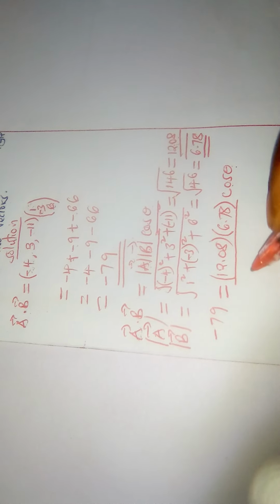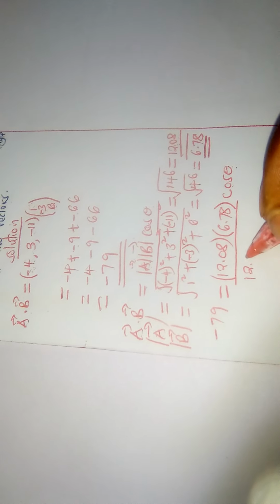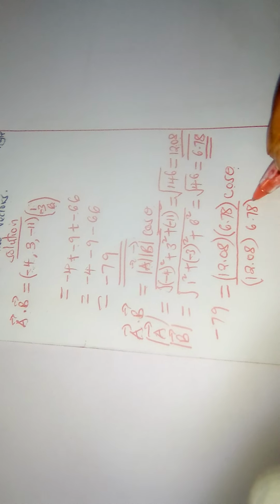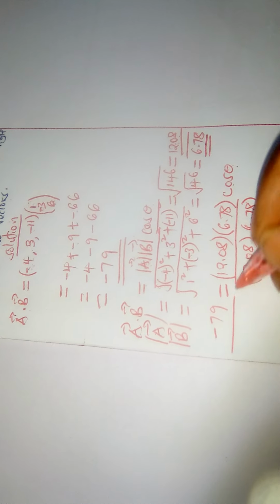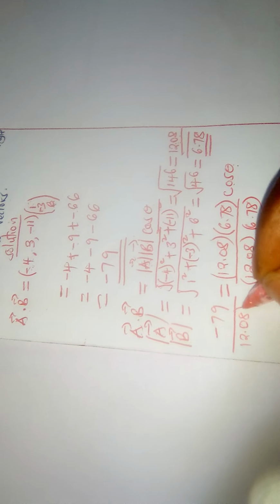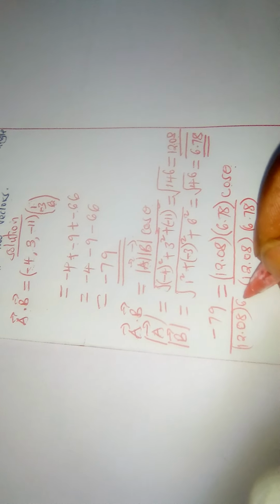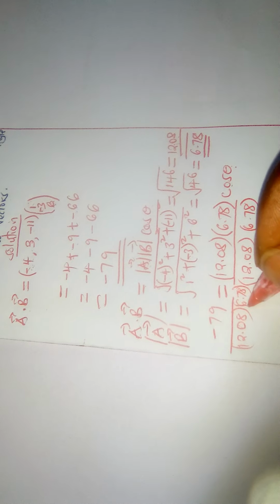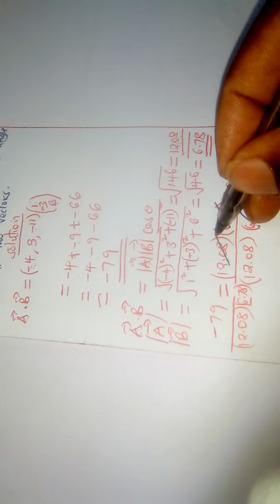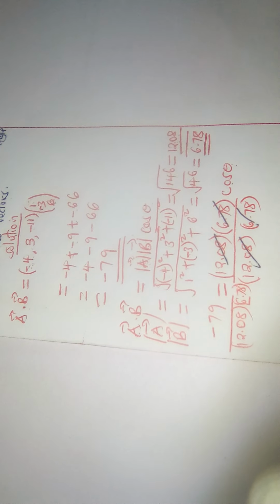So when I do this, I'll take 12.08 times 6.78 on this side, and on the other side I also do the same, 12.08 times 6.78. Now when you cancel, this one goes, and you will remain with cos theta on one side of the equal sign.